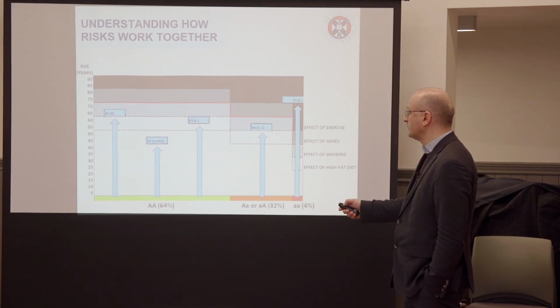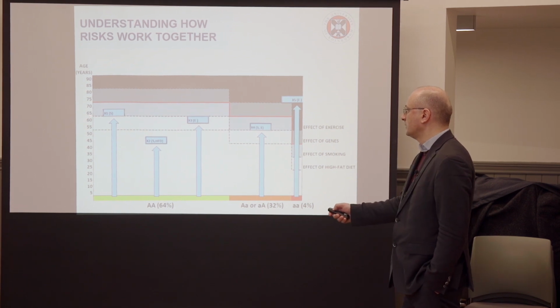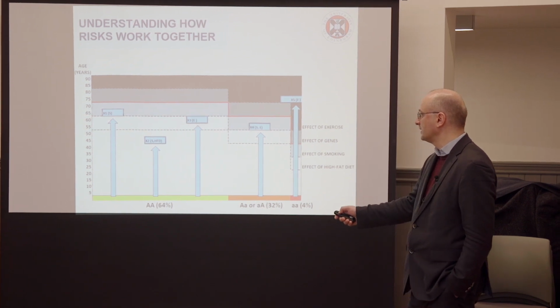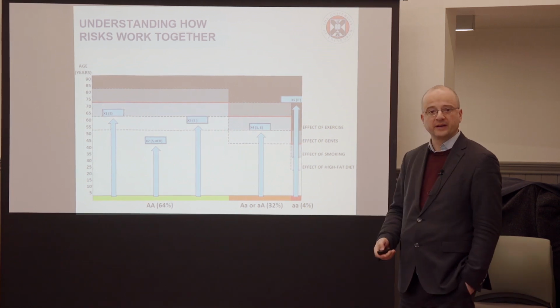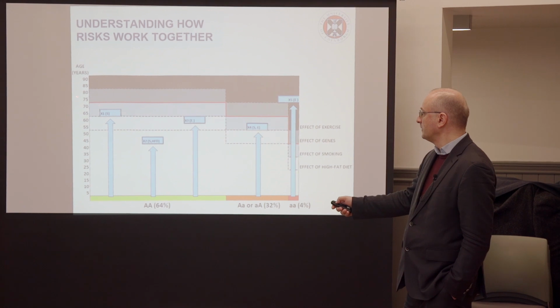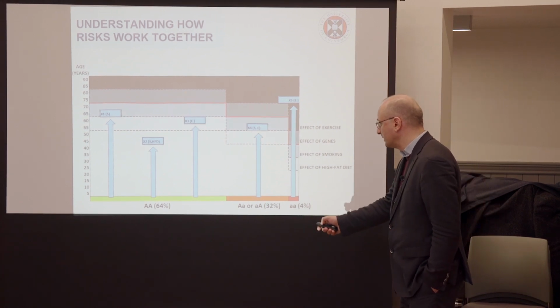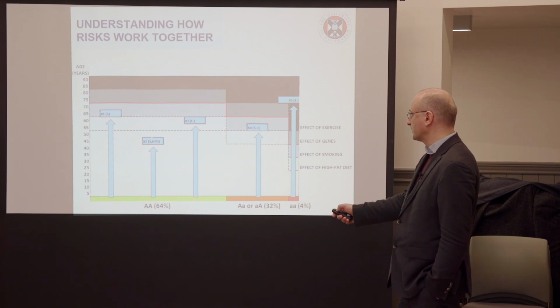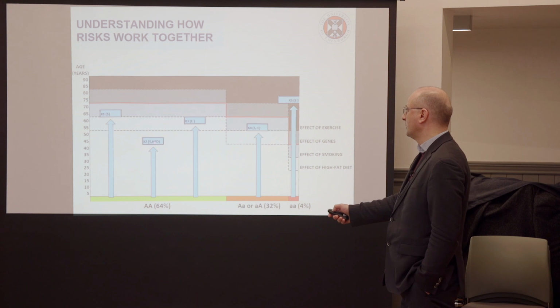Let's see. With smoking, they're going to lower the age of heart attack to 63, and at the moment they're 65. So clearly they had the heart attack 2 years ago, right? Because they smoked. If they didn't smoke, they would have it at 73. What about this person here? No genetic risk, smokes, eats high-fat diet, no exercise.